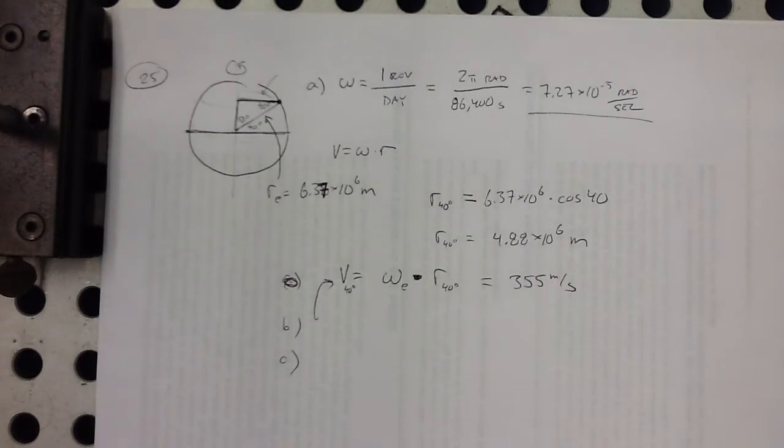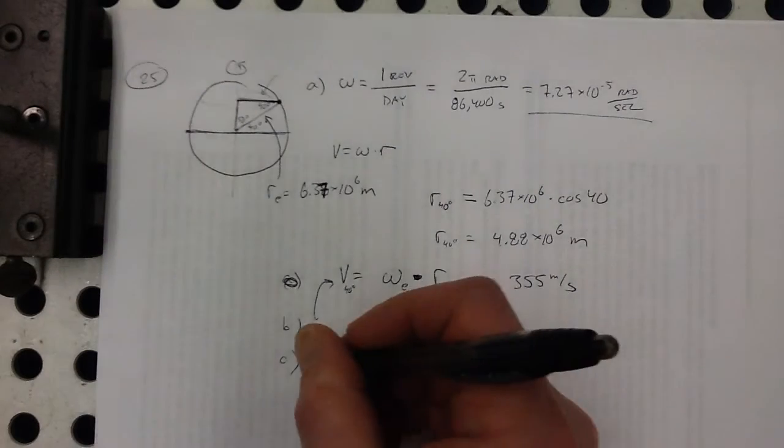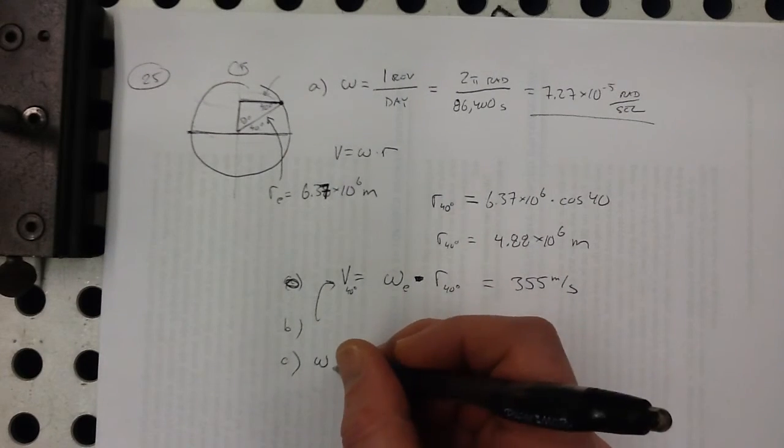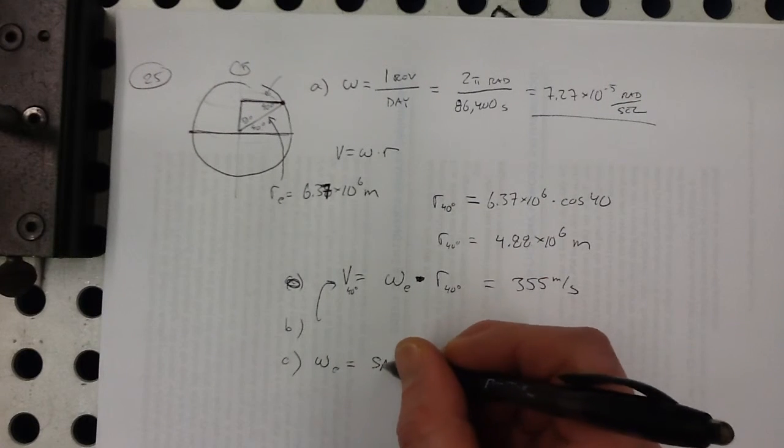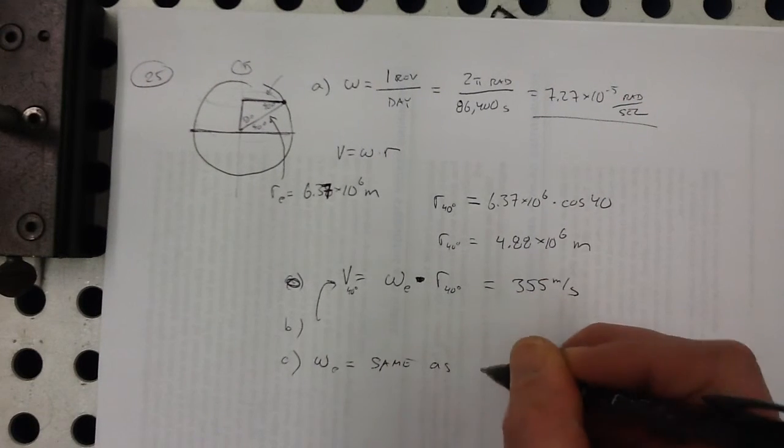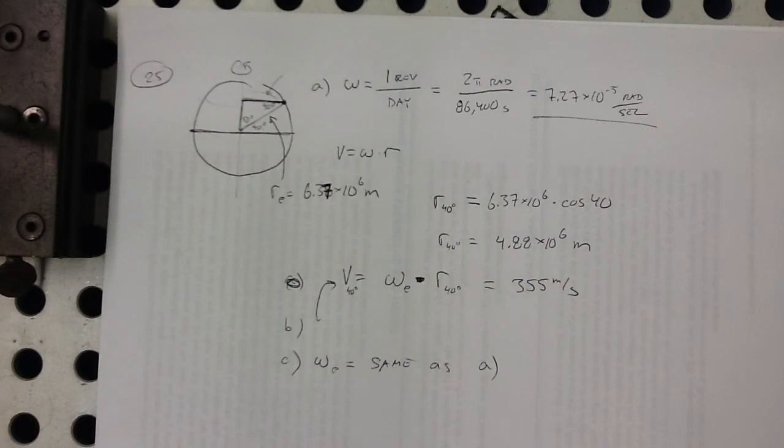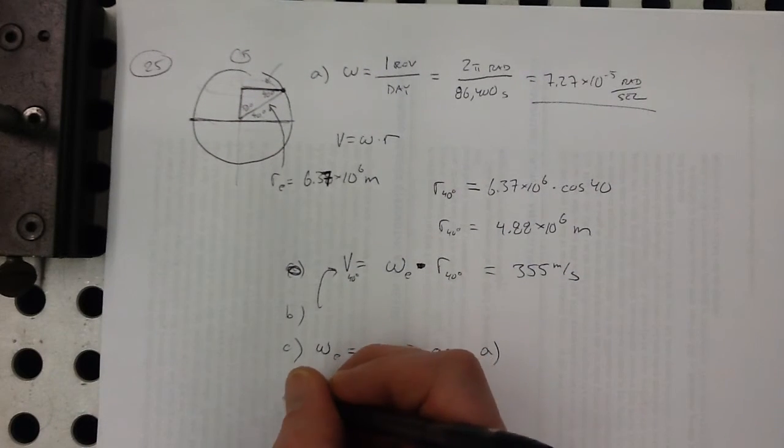Part C, what's the angular speed for a point on the equator? It's the same as it was in part A, because that's the angular speed for all points on the Earth.